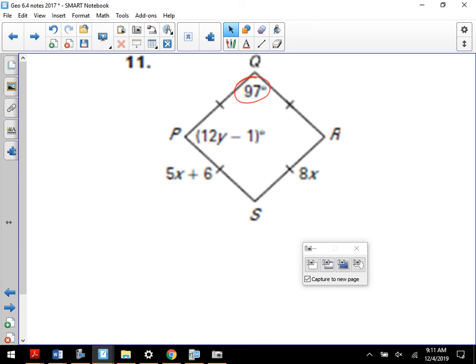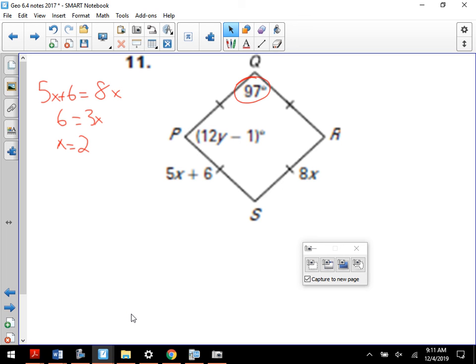Now, with it being a rhombus, that means all the sides are the same, so solving for x is relatively easy. That means you have 5x plus 6 is 8x. Algebra here, again, nothing any crazier than what we've done. Subtract the 5x, and you get x is 2.